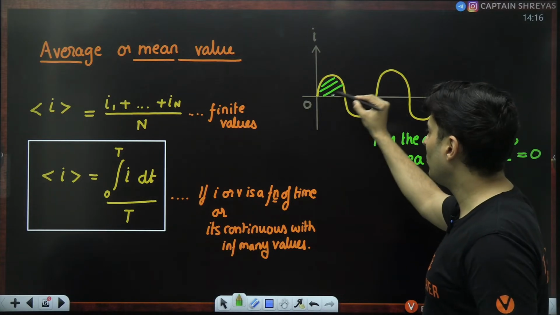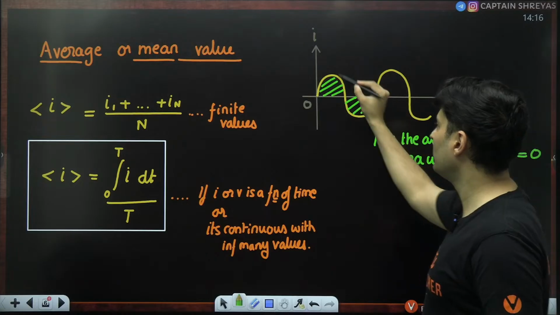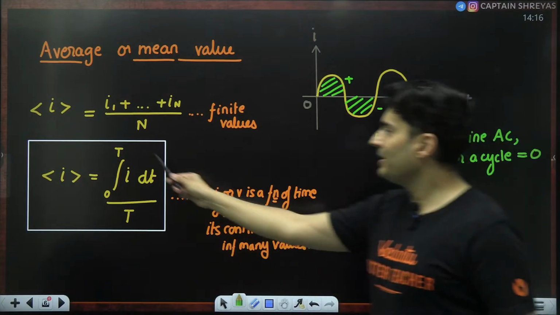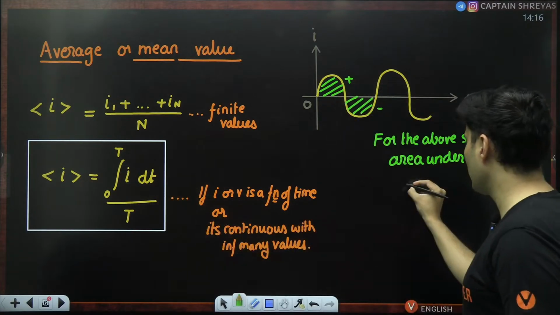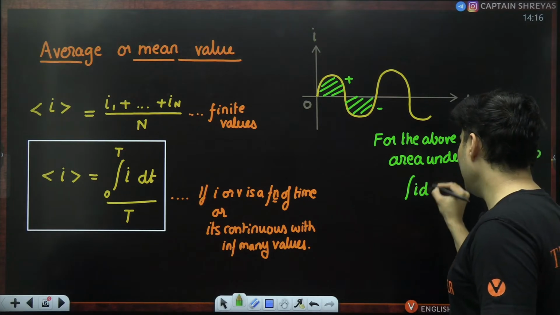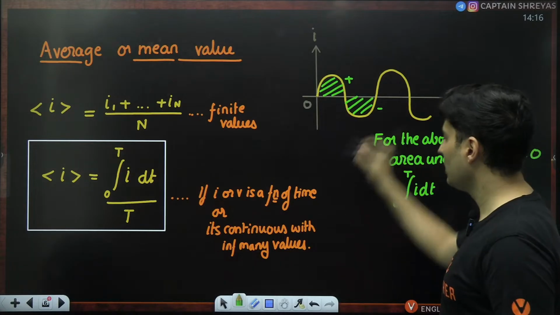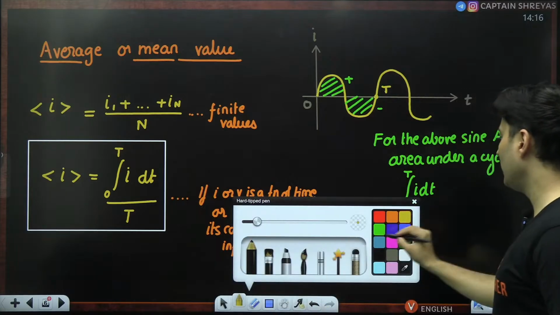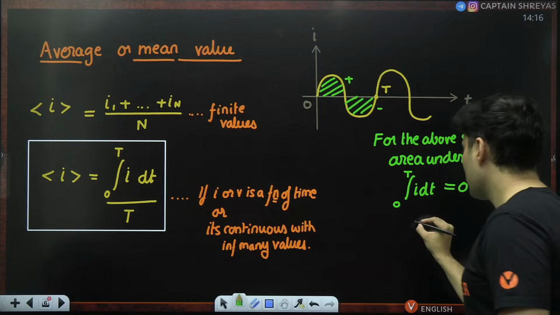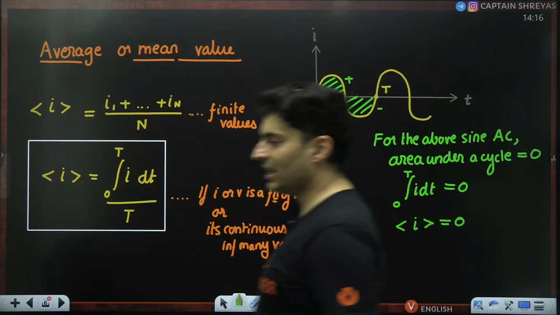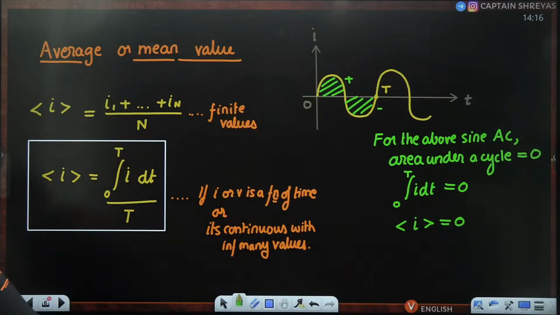Whatever area comes over here, the exact same area comes here. This will be positive, this will be negative. So the total area will be 0, which means the numerator of this equation will be 0, which means the integral of I dt from 0 to T, because remember this is exactly one time period, is definitely going to be a big fat 0. So therefore the average current will also be 0. Very, very important.